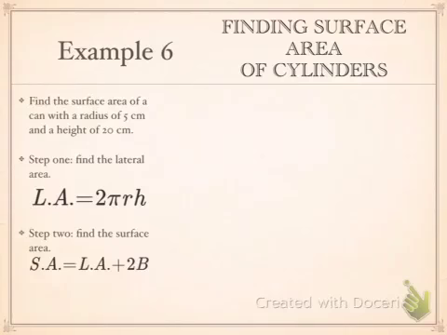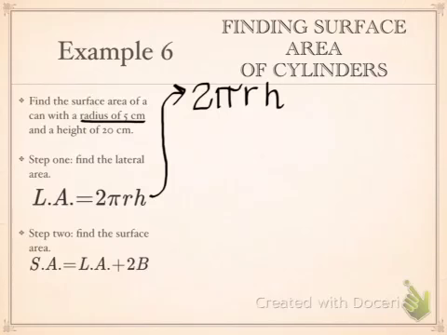So if you're still watching and you want to see a little bit of how to get started because you're stuck, you're going to start with step 1, which is finding the lateral area. We're going to take the formula that we've learned today, which is lateral area for a cylinder is 2 pi r h, 2 pi radius height. Just looking at our information over here without our picture, our radius is 5, so we substitute 2 times pi times 5, and then times our height, which was 20.